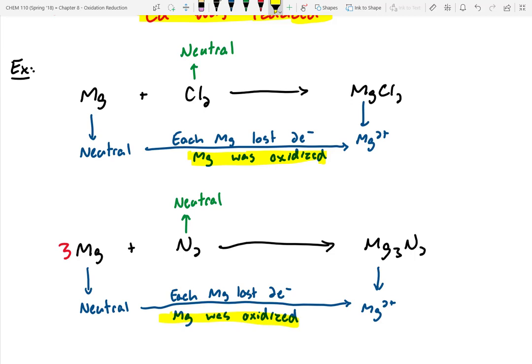All right, now let's do the next one. If we think about chlorine right here, what charge does chlorine have when it's ionic? -1. So we'd say Cl 1 minus. So it looks to me like each chlorine gained 1 electron.